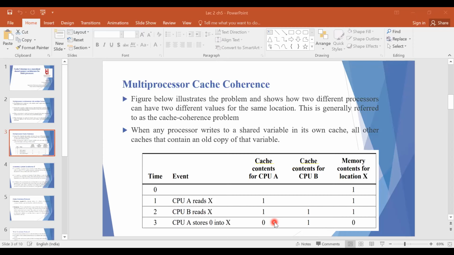So it first of all goes to the cache of CPU A. And cache of CPU A has a location x. It is there. So what happens? It modifies x equal to 0, and depending upon whether it is a write back or a write through cache, it modifies the value in the main memory also. Getting?